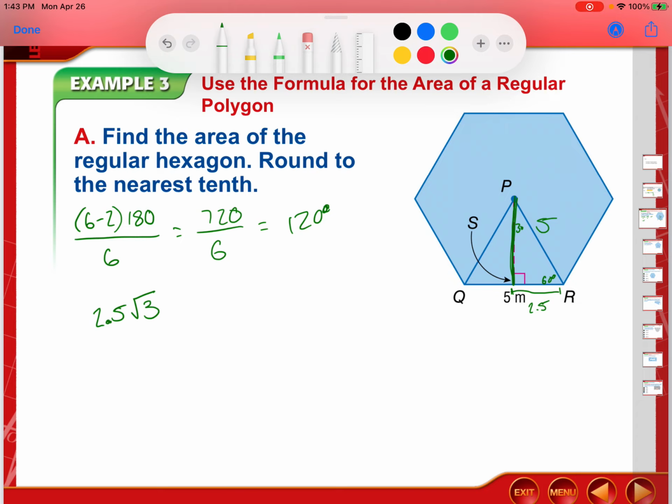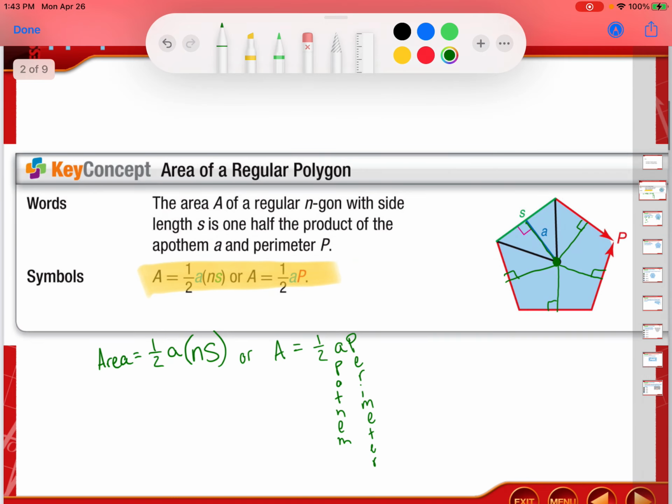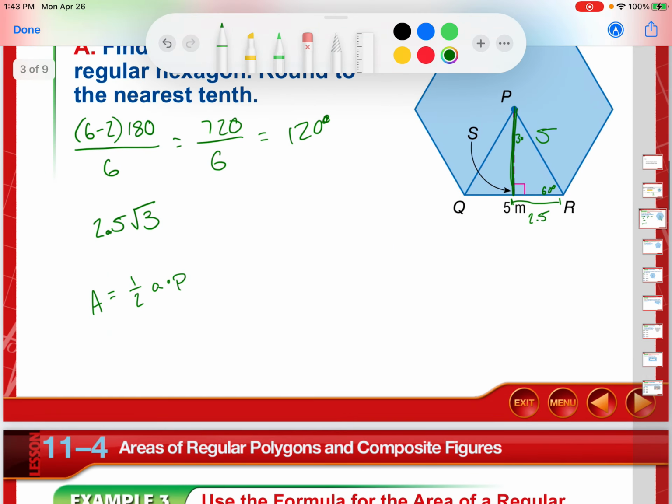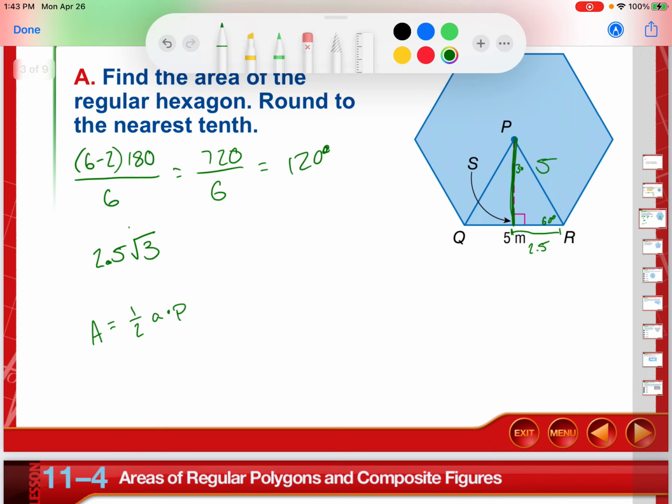So now that I know what my apothem equals, I can plug all my information into this formula. The area equals 1/2 apothem times perimeter, from this first page. My apothem is 2.5 root 3.